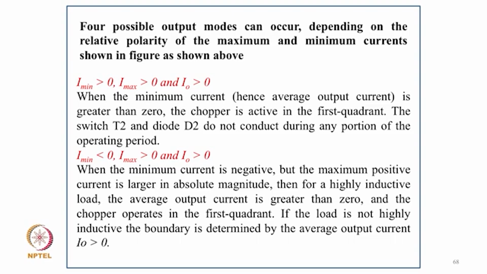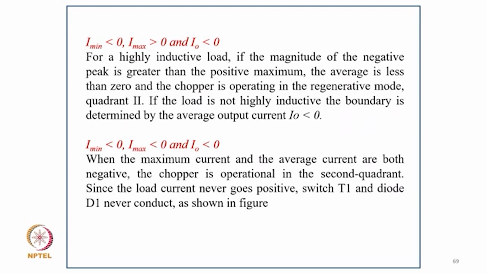When the minimum current is negative but the maximum positive current is larger in absolute magnitude, for a highly inductive load the average output current is greater than 0 and the chopper operates in the first quadrant. If the load is not highly inductive, the boundary is determined by the average output current being greater than 0. Various circuit waveforms are shown in the figure.